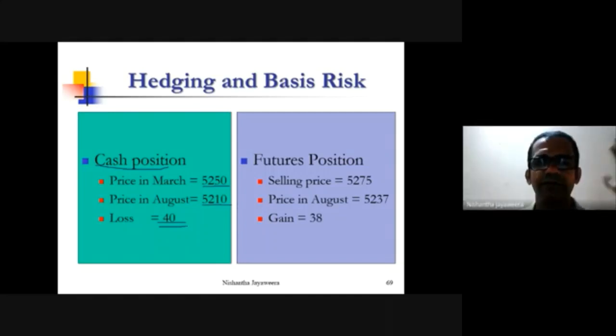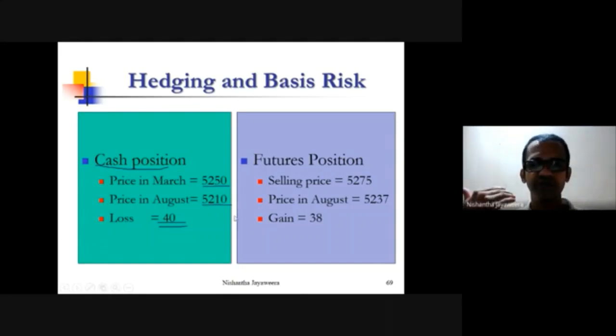So if we just hold that index position, we make a loss of 40. Without any hedging, we assume we hold that position, we make a loss of 40. But now, not only this, we have a futures position as well. What is the futures position? It's a short position.